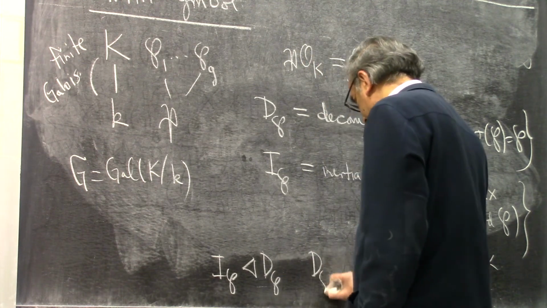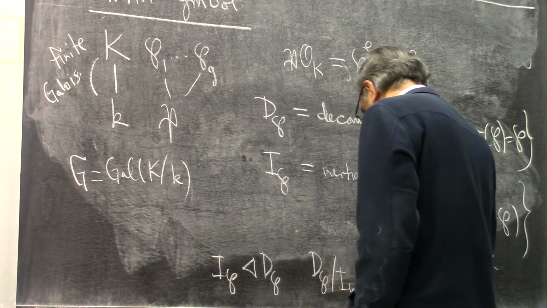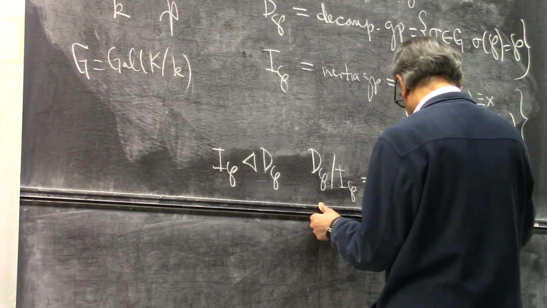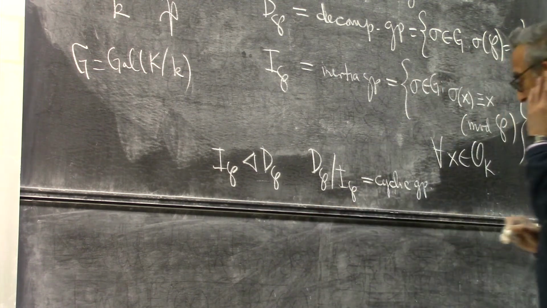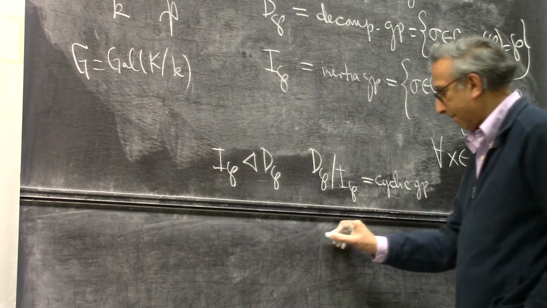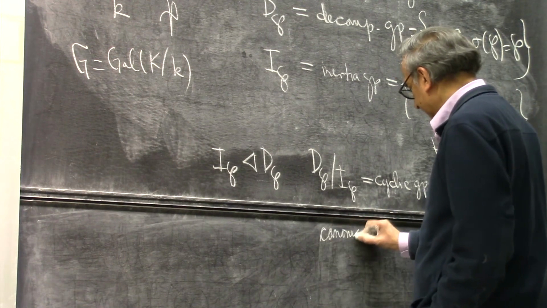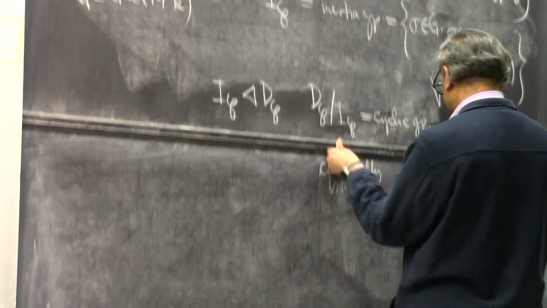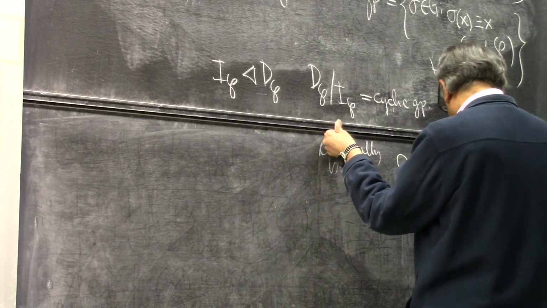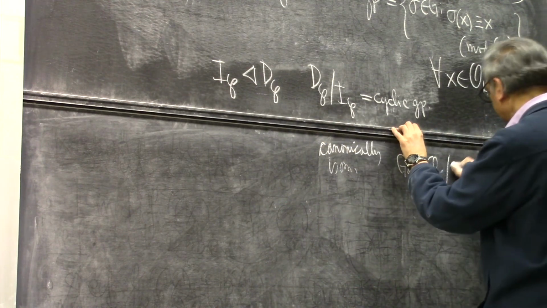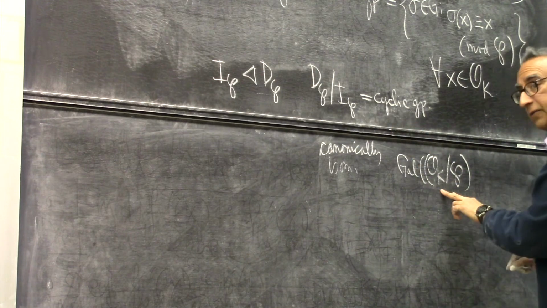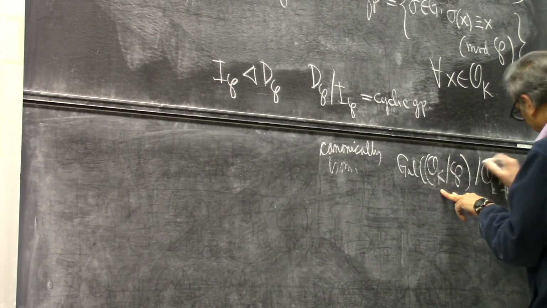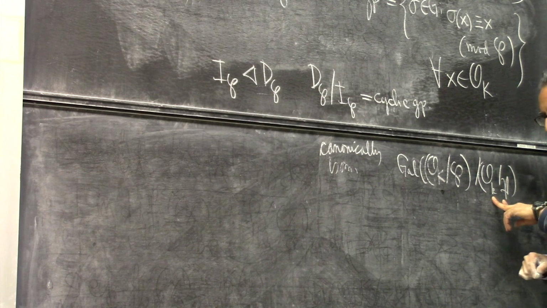And the quotient is a cyclic group, which can be identified canonically, isomorphic, to the Galois group of the ring of integers O_K modulo P, which is a finite field, thought of as a finite field extension of O_k modulo the German p.